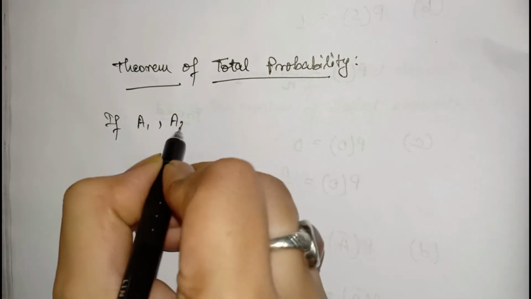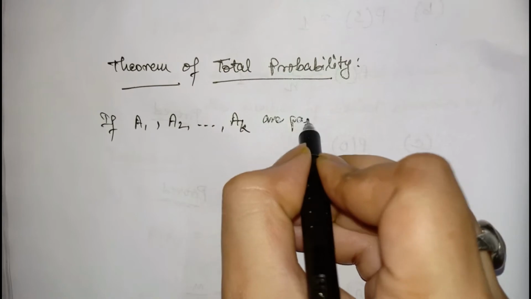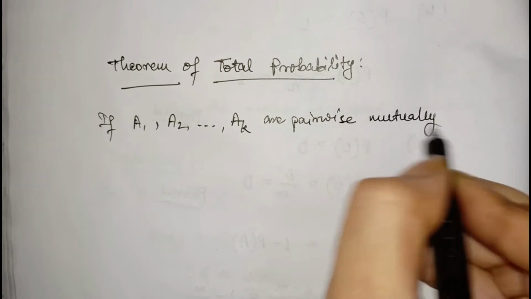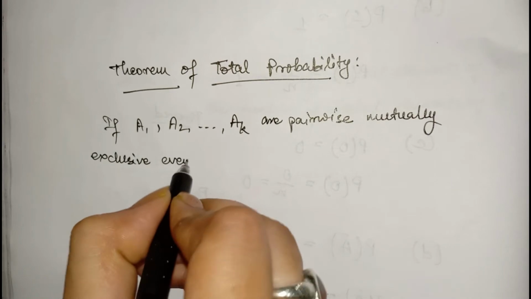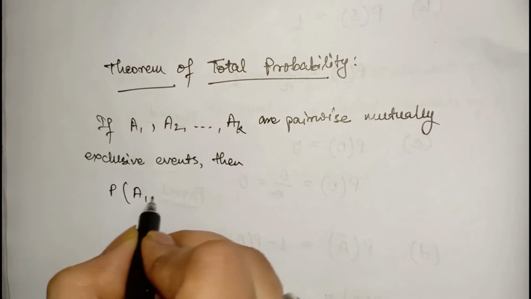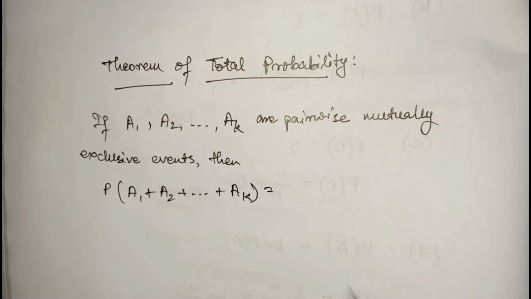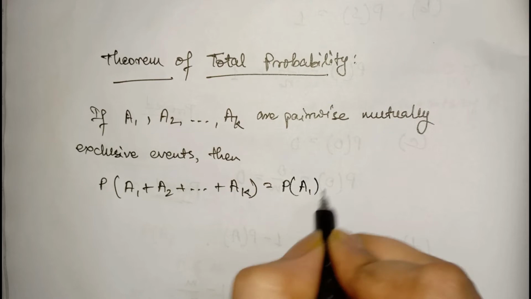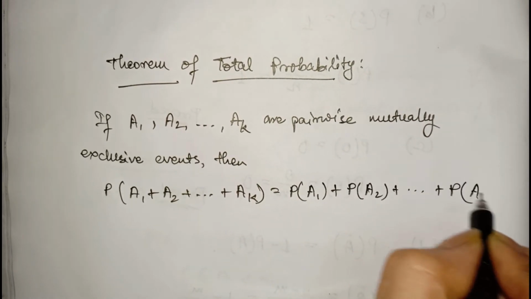If A1, A2 till AK are pairwise mutually exclusive events, then P of A1 plus A2 till AK would be equal to the sum of the individual probabilities, which is P of A1 plus P of A2 plus till plus P of AK.